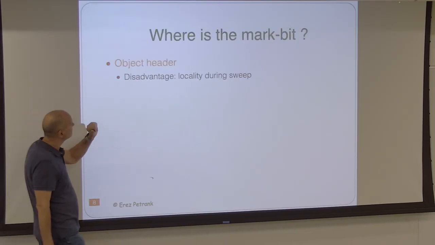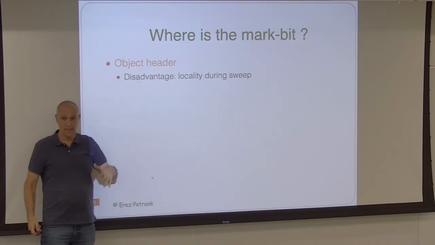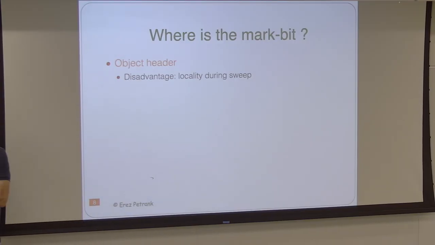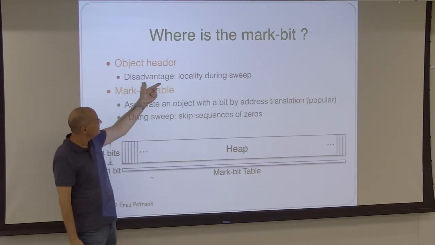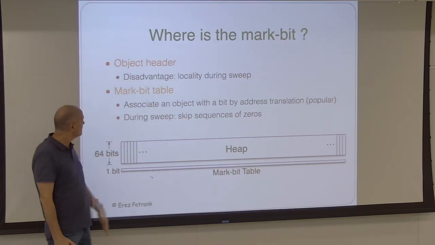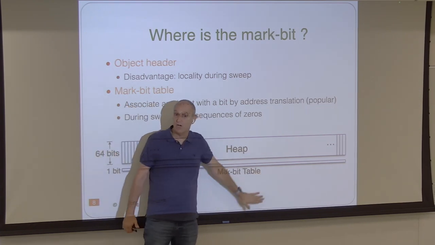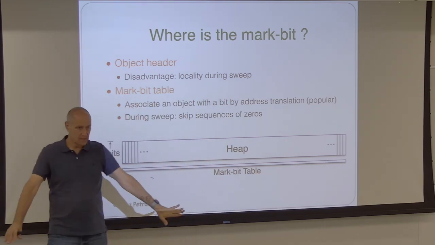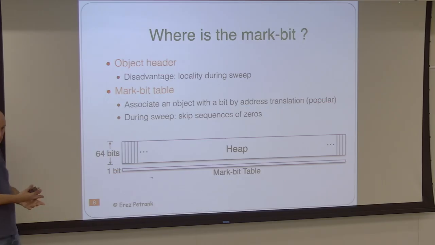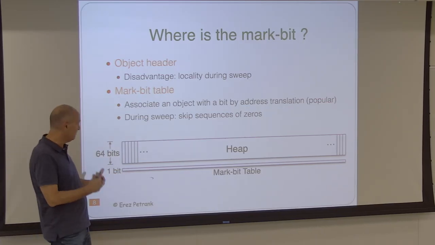So where do we put the mark bit? Each object has a header, so we could mark the object in its header. But this is not the best thing, and in order to see why, let's look at the alternative. The alternative is to have a mark bit table apart from the heap, on the side, not inside the heap, but it will allow us to mark objects. How will that happen?